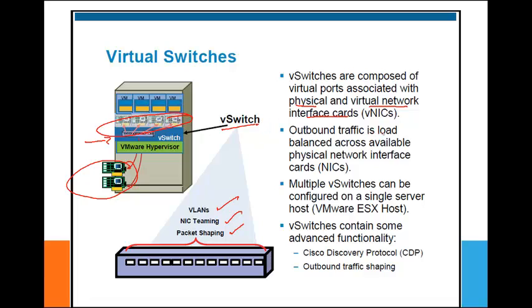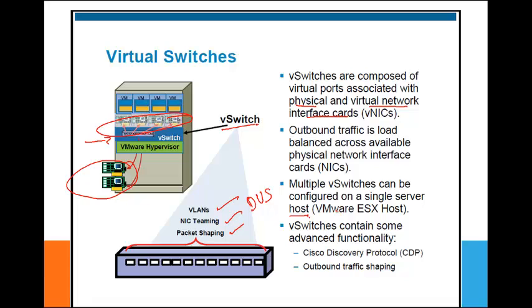Outbound traffic is load balanced across available physical network interface cards. Only the outbound traffic can be load balanced. Multiple vSwitches can be configured on a single server. This is not talking about a cluster, and not about a distributed virtual switch.